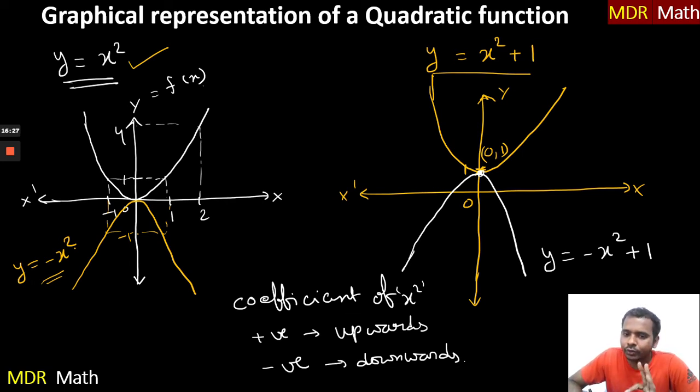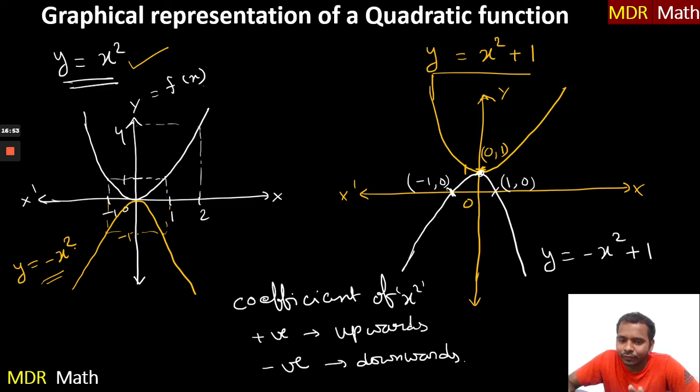And I want you to observe one more point. This y is equal to minus x square plus 1 cuts the x-axis at this point and at this point. The coordinates will be 1, 0 and minus 1, 0.